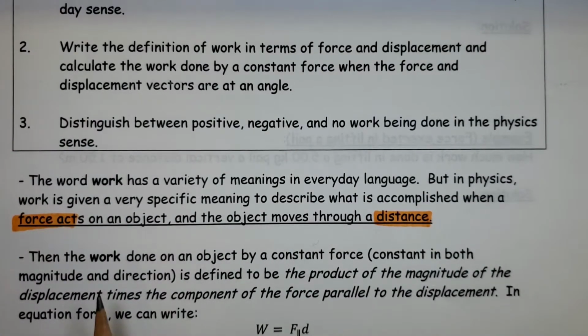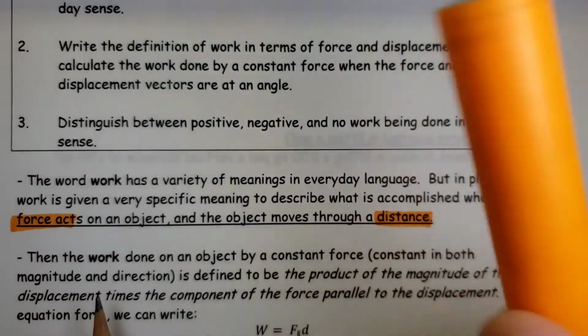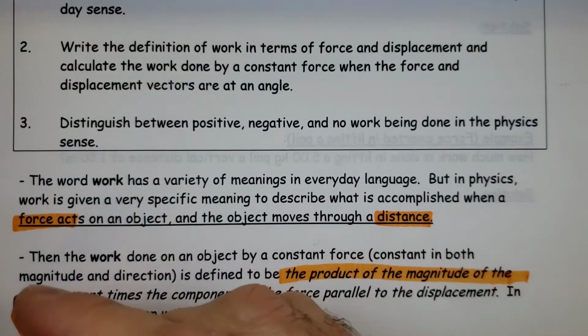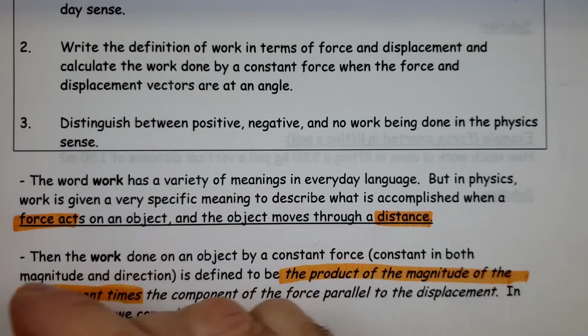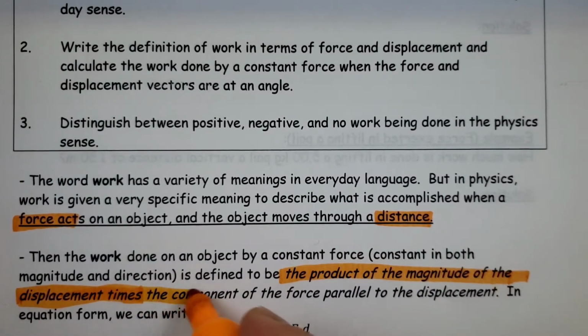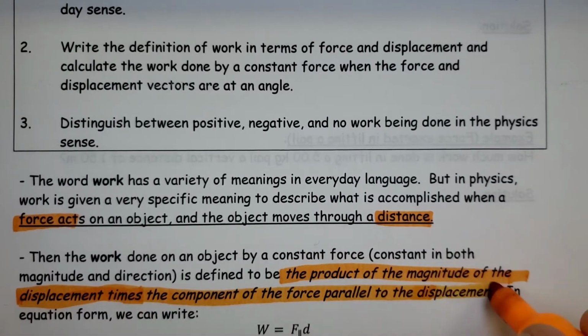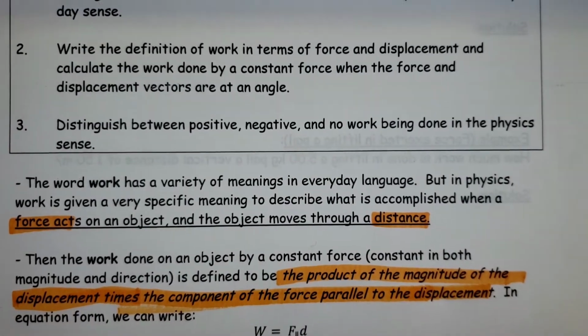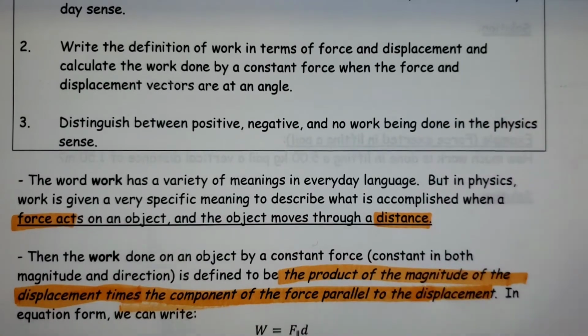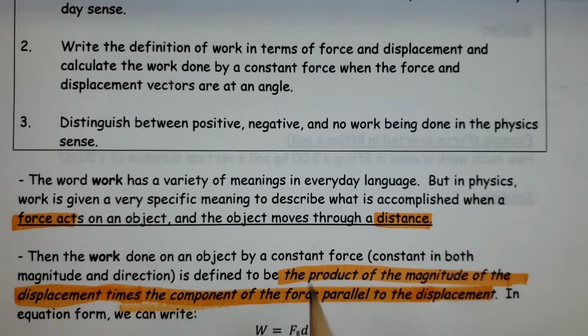Then the work done on an object by a constant force, constant in both magnitude and direction, is calculated as the product of the force multiplied by the displacement. And we're looking at the force that is in the same direction, along the same axis as the displacement. So that's where this comes into play.